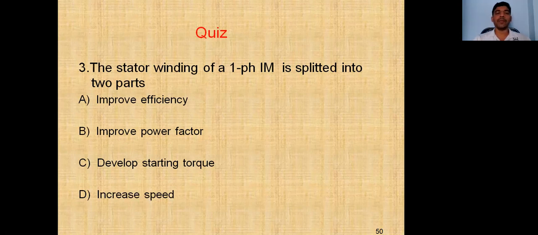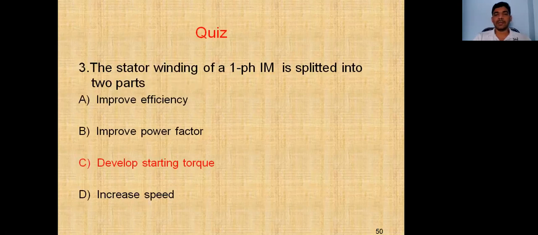Option A, improve efficiency. Option B, improve power factor. Option C, develop starting torque. Option D, increase speed. So to develop the starting torque, we need to split the stator winding.